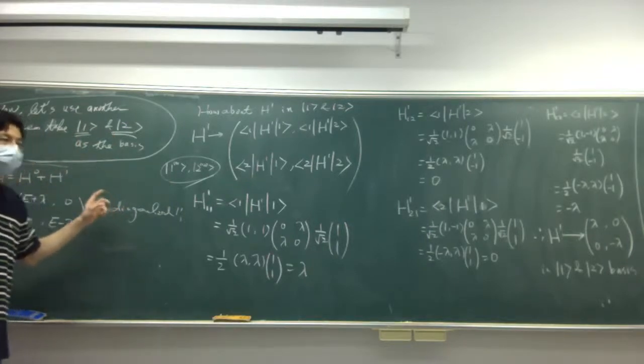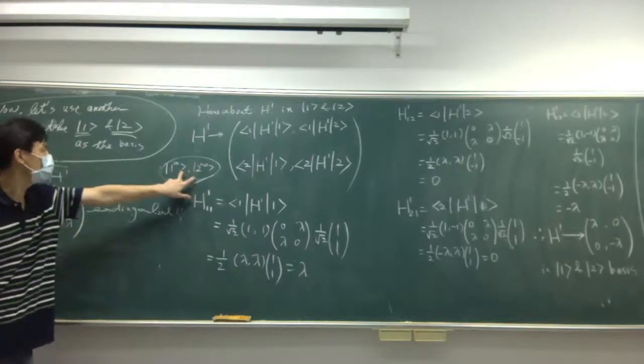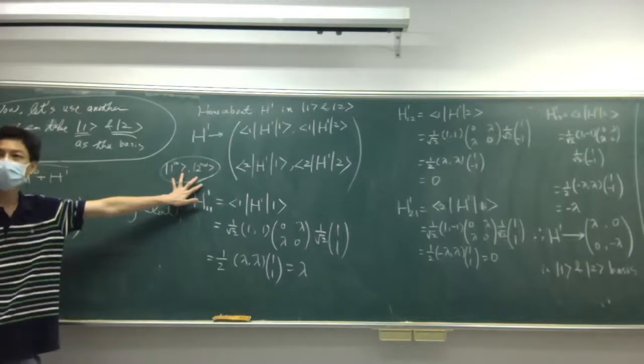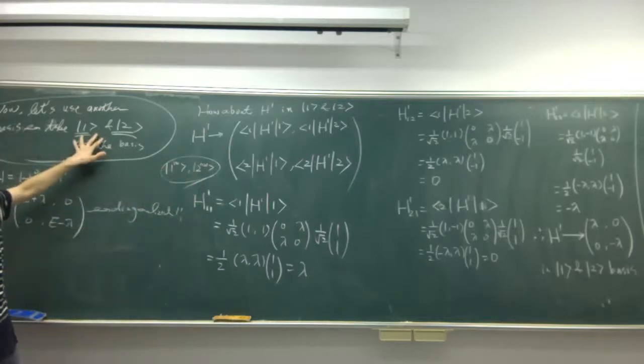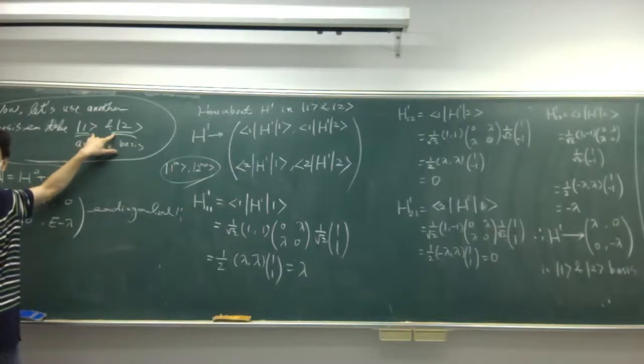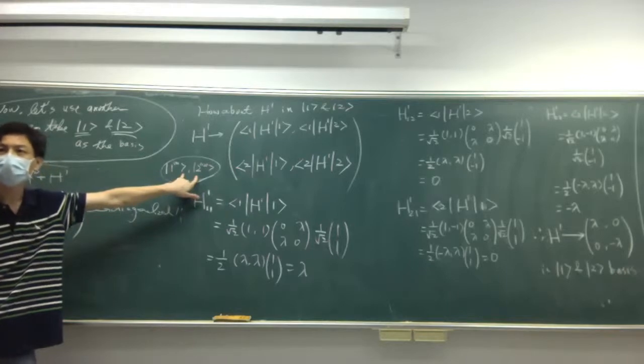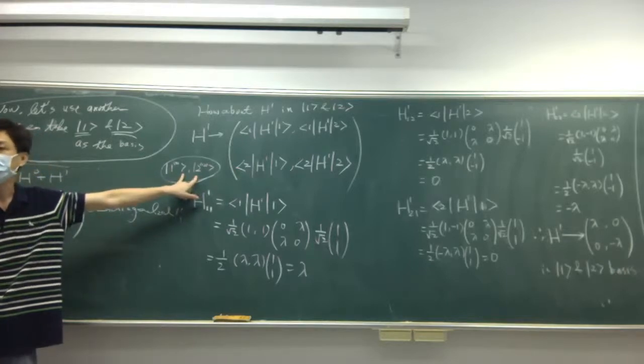And remember, these two are degenerate, and I use this degenerate subspace as a basis, and then I construct another new basis, which are linear combinations of the original basis. Is that clear?